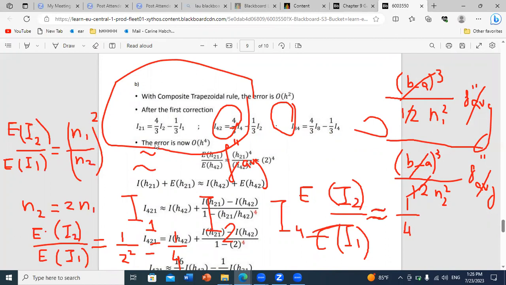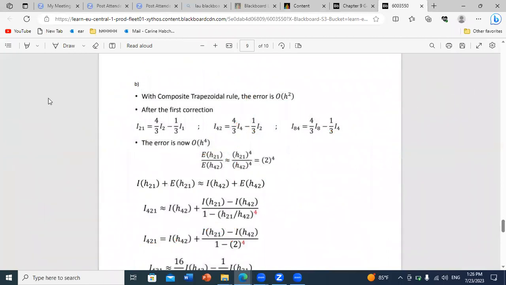All we have to do is relate the errors. If I write the integral I1, which uses a certain number of segments, plus the error E1, it should be approximately equal, because what I am computing is the integral.